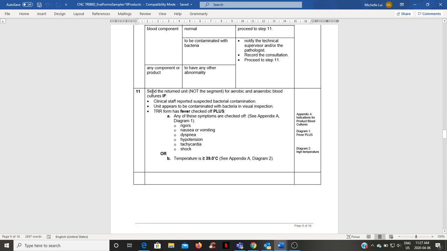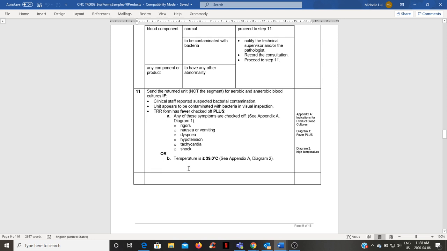And this is saying send that returned unit, so the actual unit, not the segment, for cultures if. So this is basically the follow-up to if the signs and symptoms qualified as a suspect bacterial contamination, then not only does the patient get blood cultures, but the returned unit also gets cultured.